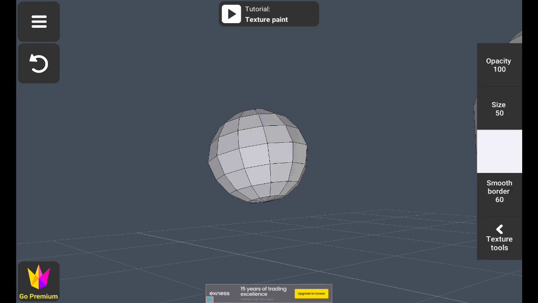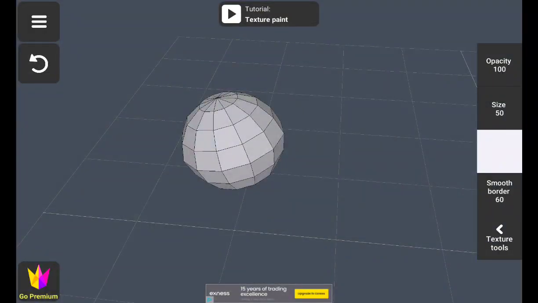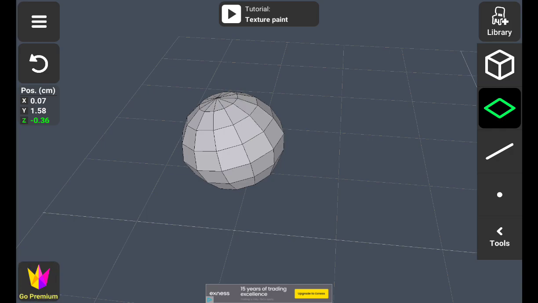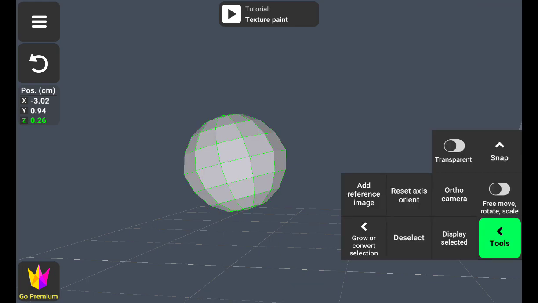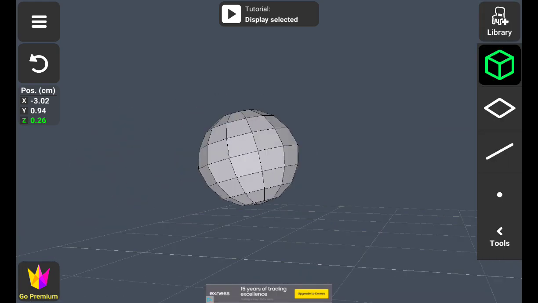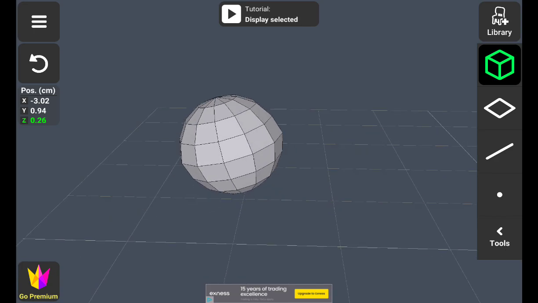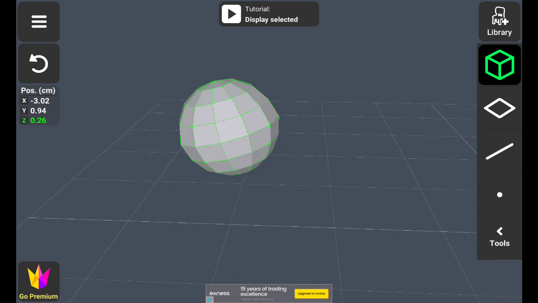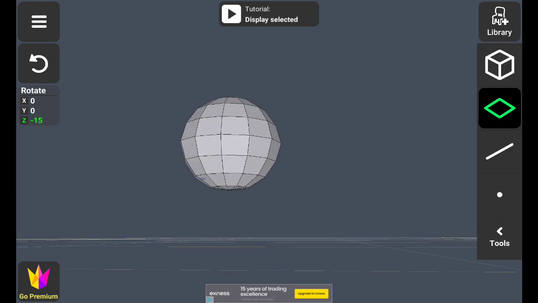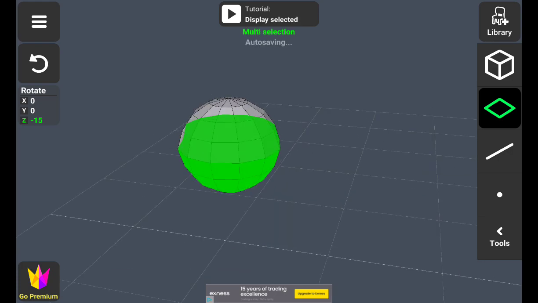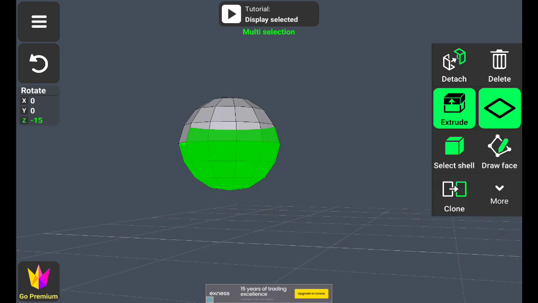Well, mostly. Okay, so this is your earth, right? So this is your earth, and we'll just take this one and display selected. So the second earth is gone. I'll just straighten it up. For the sake of convenience, I'll straighten up this earth, and now we'll select these lower faces and then delete them.